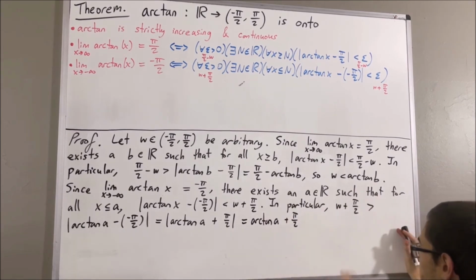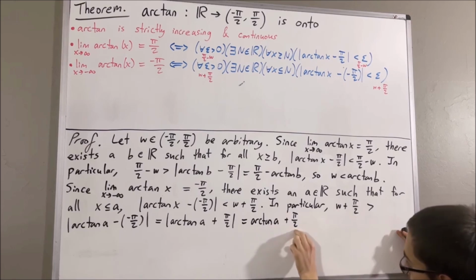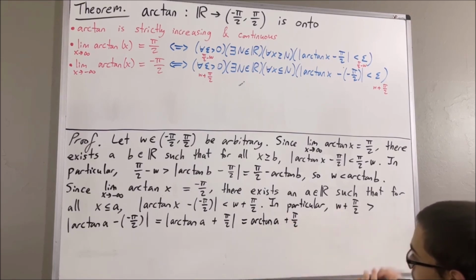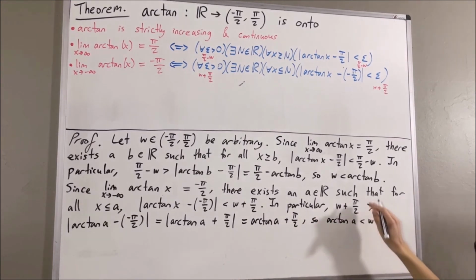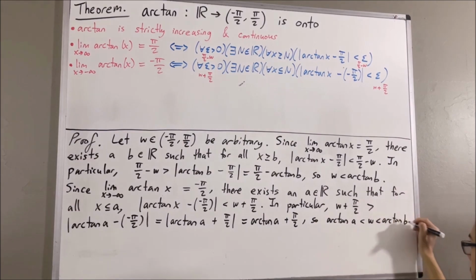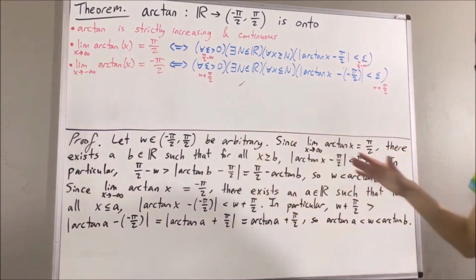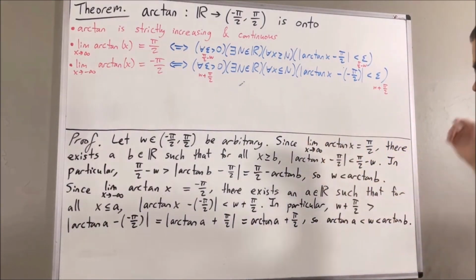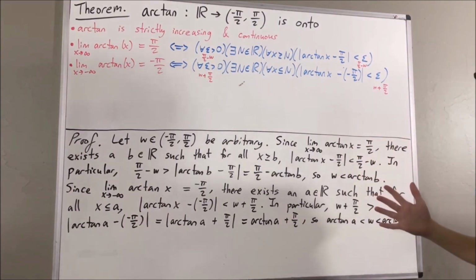And now we see w plus pi over 2 is bigger than arctangent of a plus pi over 2, which implies that arctangent of a is less than w. And let me just remind you, w is less than arctangent of b. So now, we have introduced two real numbers, a and b. And there's three possible ways that a and b can be related. Either a is less than b, a equals b, or a is greater than b.